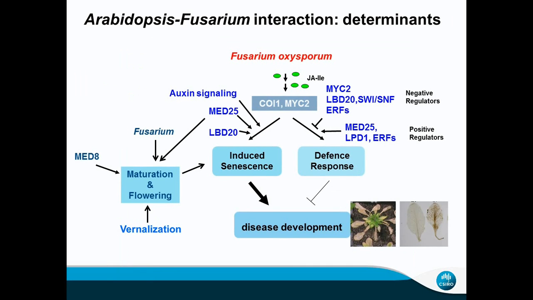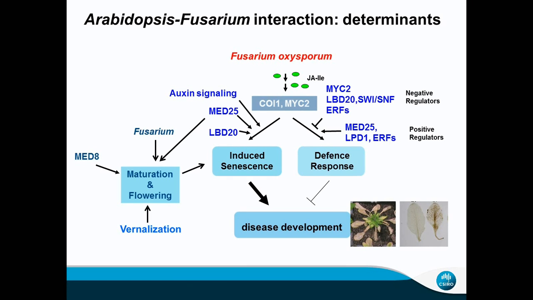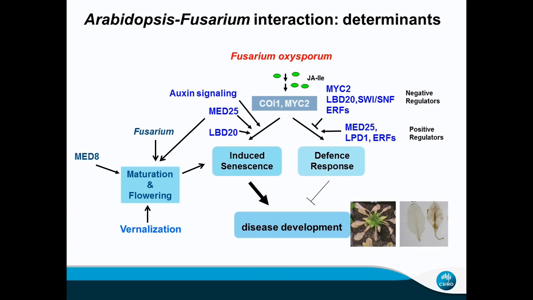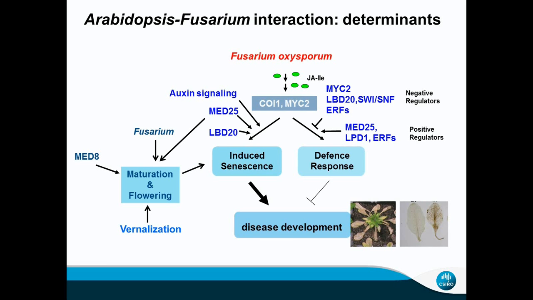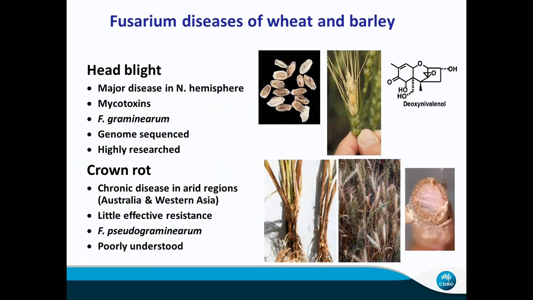So by doing this type of mutant analysis, we are trying to understand what determines resistance or susceptibility in Arabidopsis against this pathogen. I'm not going to go into detail, but some of the things that I mentioned are already placed on this picture. We are trying to generate a larger picture of what seems to be happening during the interaction between Arabidopsis and Fusarium oxysporum.